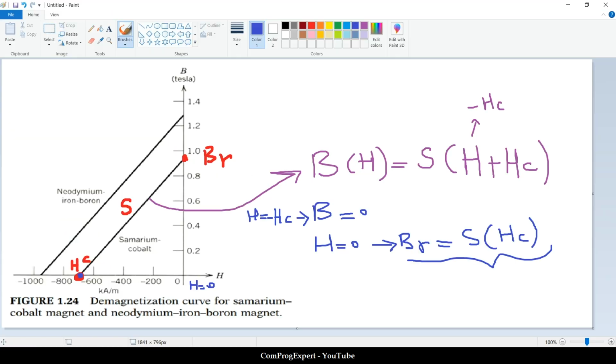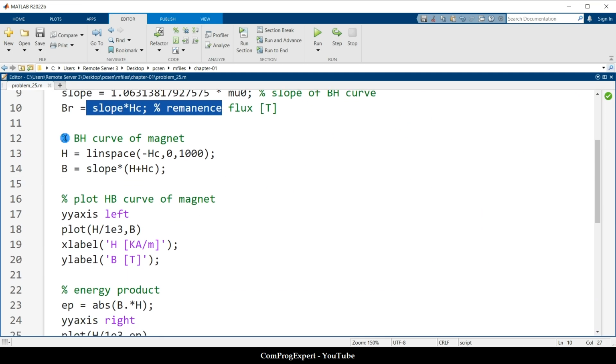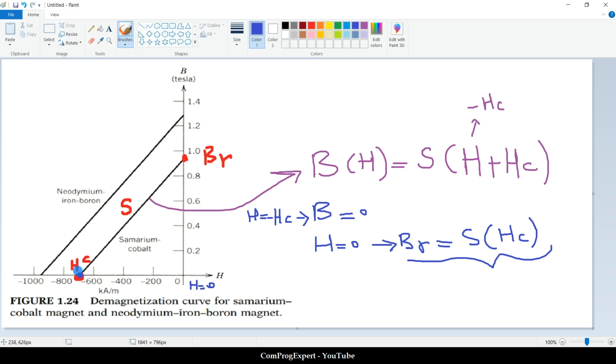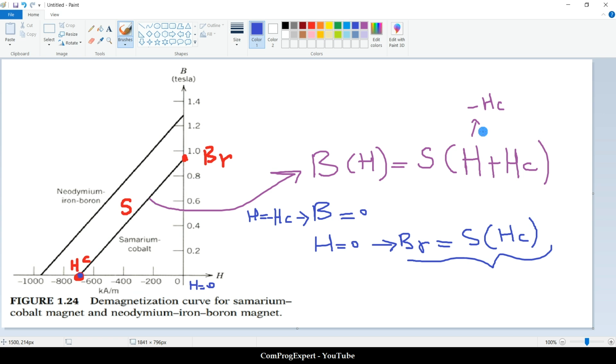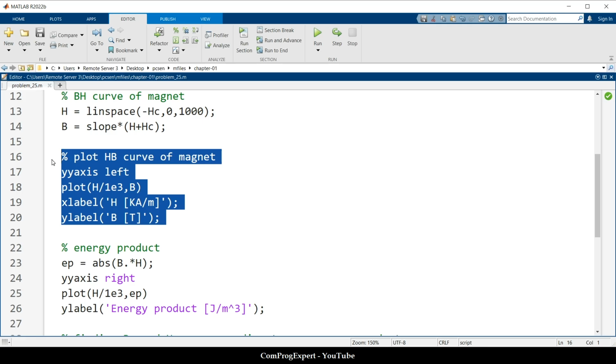Yes, this term. So I consider 1000 points from negative HC to 0 to just plot this line. And here is the value of the B, this equation. Yes. So we can plot the BH curve of the magnet.